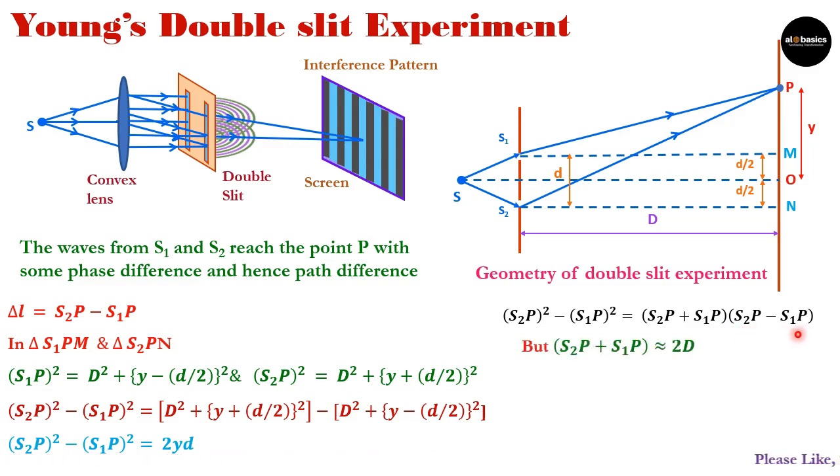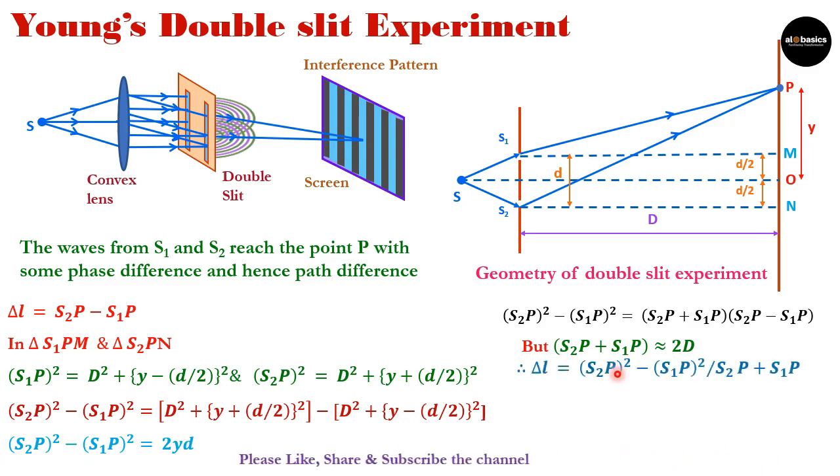So we'll write this and substitute the value of S2P plus S1P in that. S2P and S1P can be taken approximately equal to D, because this distance is very, very small and due to that these two are approximately the same. So we can take D plus D as 2D.